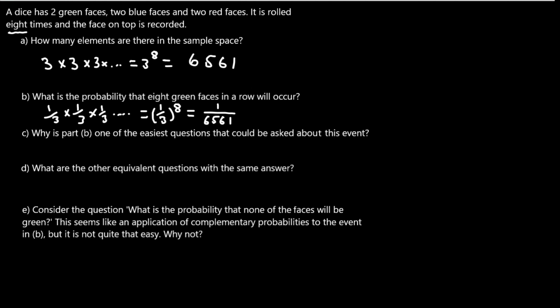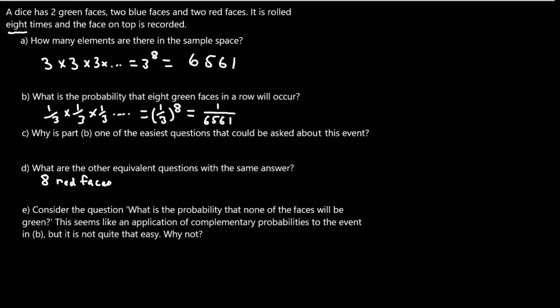For part D, what are the other equivalent questions with the same answer? Well, we have to think about what kind of question would have the same probabilities. So instead of having 8 green faces, what if we had 8 red faces? So what's the probability of getting a red face?